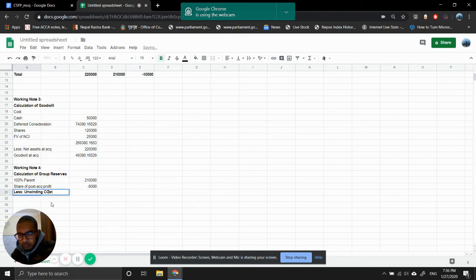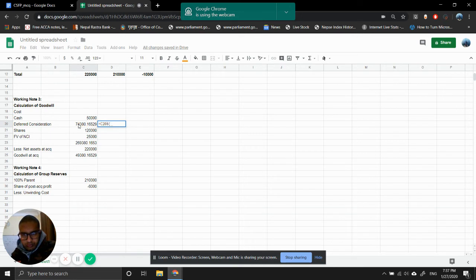Okay, and then after that, this figure times 10 is for only 1 year, right? So what I could do is use this technique. This figure times 10%.